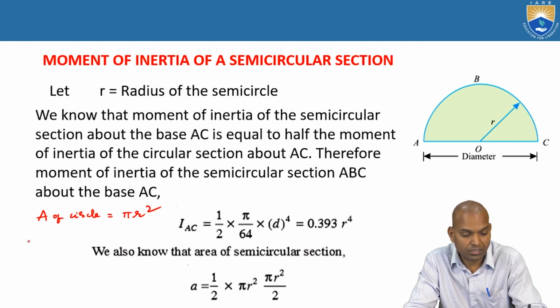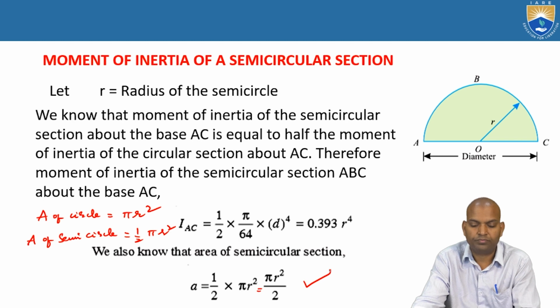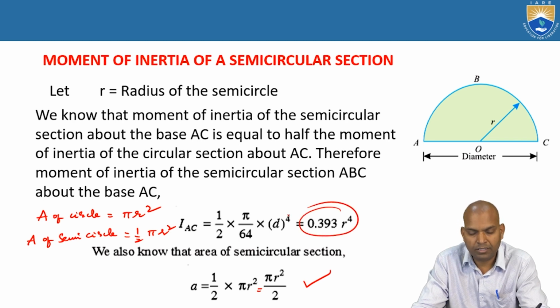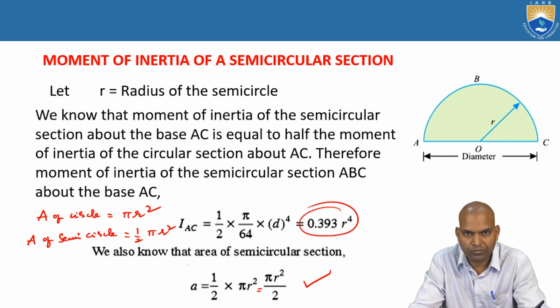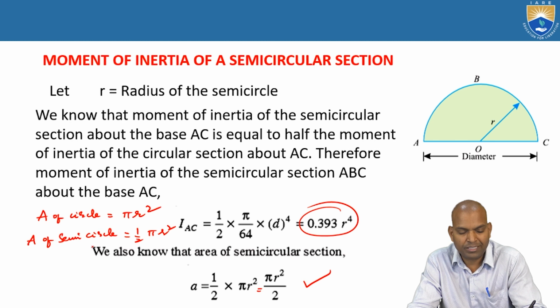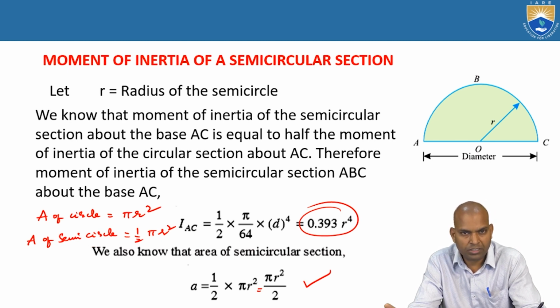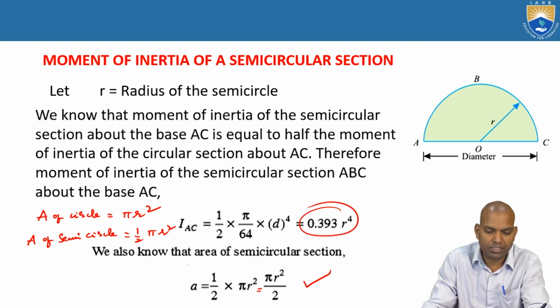Then the area of the semicircle equals 1 by 2 pi r square, that is pi r square by 2. The moment of inertia is 0.393 r power 4 or pi by 128 d power 4, that is pi d power 4 by 128. It is better to remember this easily: we know the circle is pi d power 4 by 64, and half of the circle is the semicircle moment of inertia.